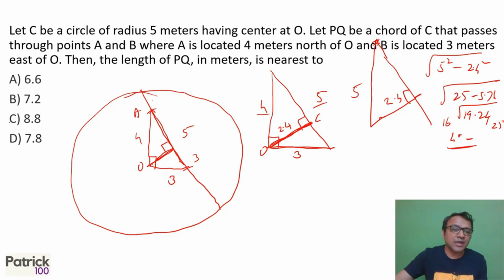Double will be 8 point something. You can mark C and go about it. Need not calculate accurately. The moment you get 4 point something, there's only one option, 8 point something, and you get the answer. Concept of three right angle triangles and the concept of distance from the center of the circle. The simple concepts.